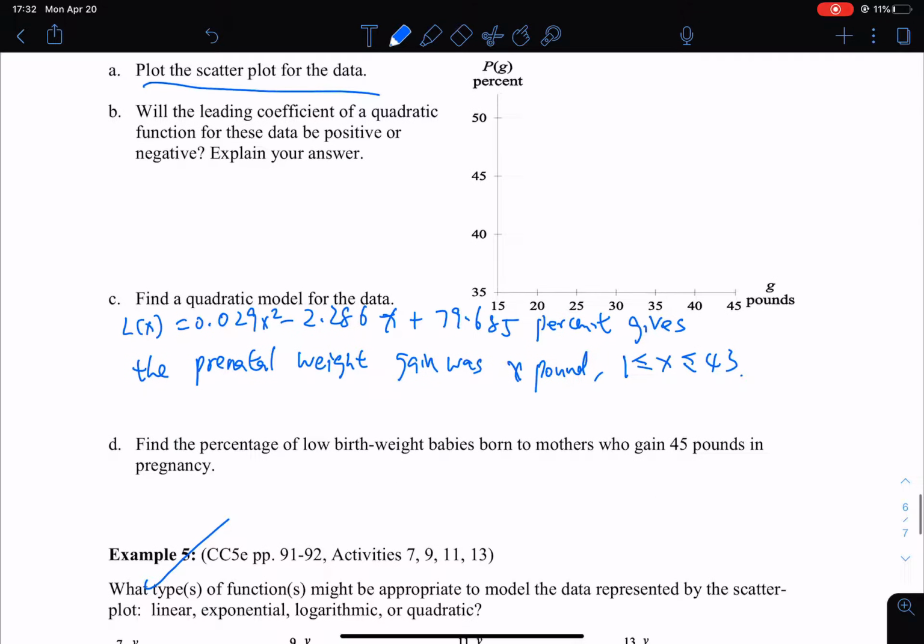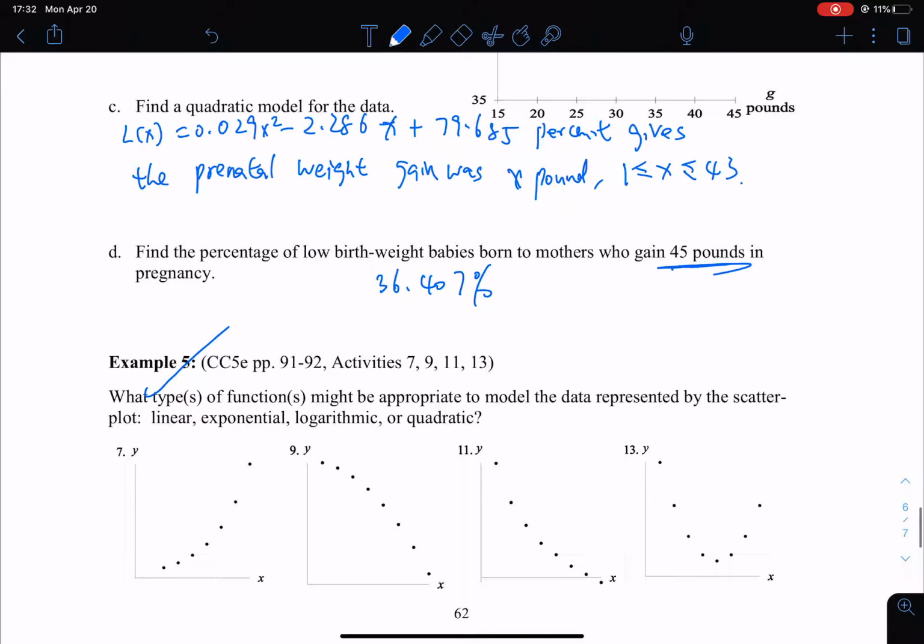And the next one, for 45, the answer is 36.407%.